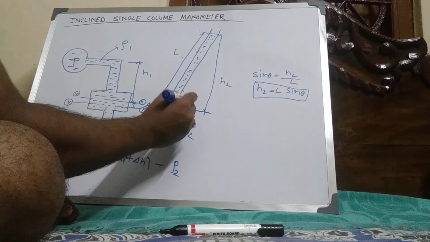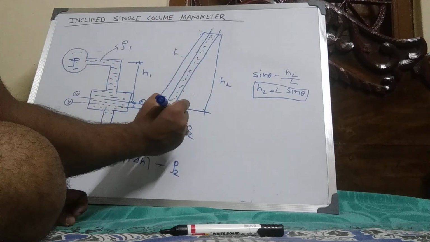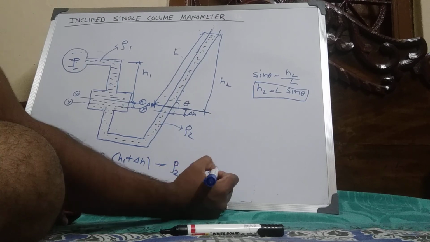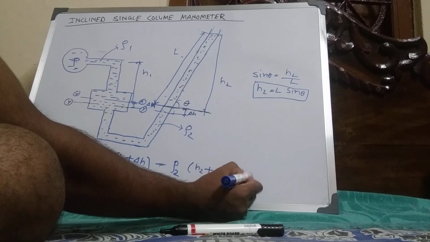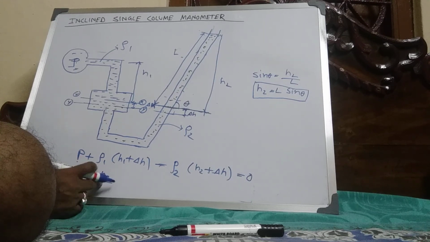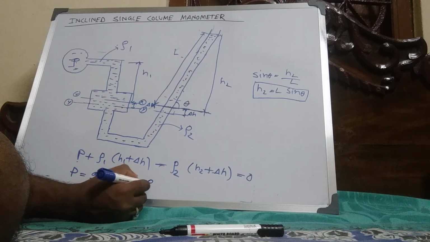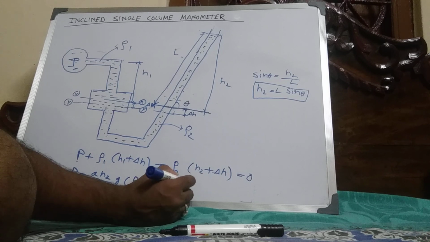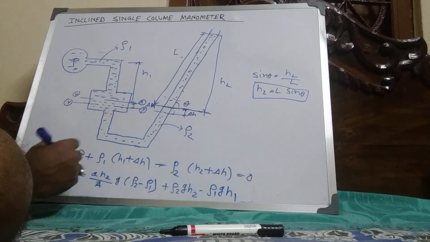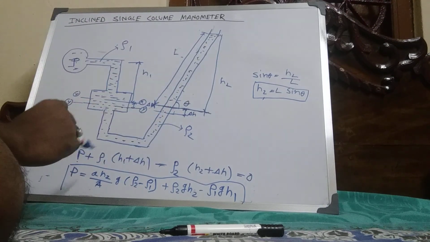This is the theta angle, this is the height, this is the length L, and this is delta H. From there we get A2 by A1 into g into rho 2 minus rho 1, plus rho 2 g H2 minus rho 1 g H1, same as before, just the H2 value is L into sin theta. Put it in and get the equation.